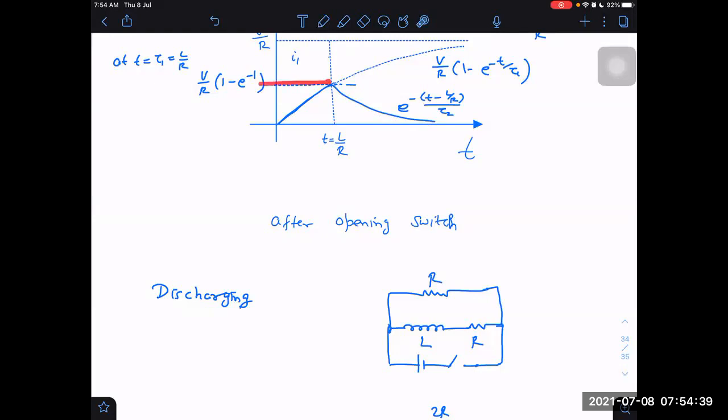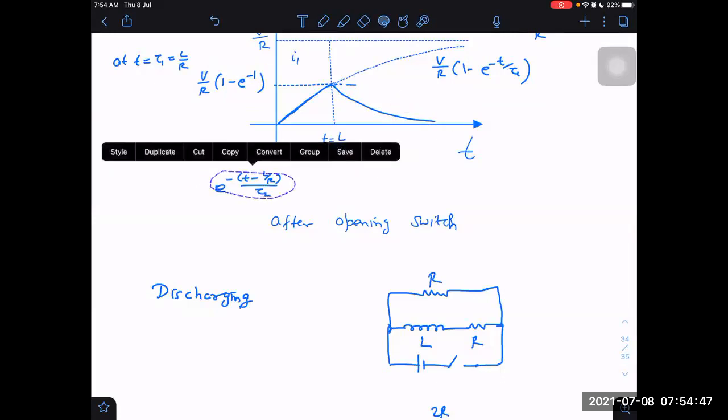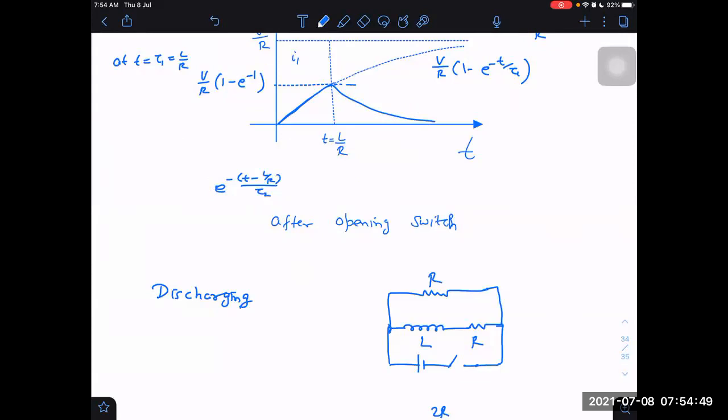And multiplied with what? Multiplied by the initial current. What is the initial current here? This one. So my answer for the second part of this current, let us call this I2, will be the initial value v by r into 1 minus e raised to power minus 1, whole multiplied by this factor.